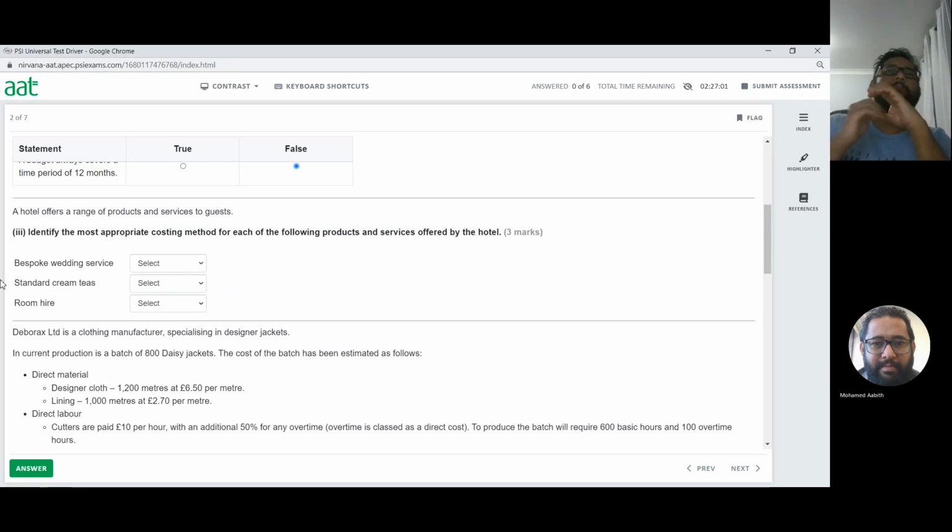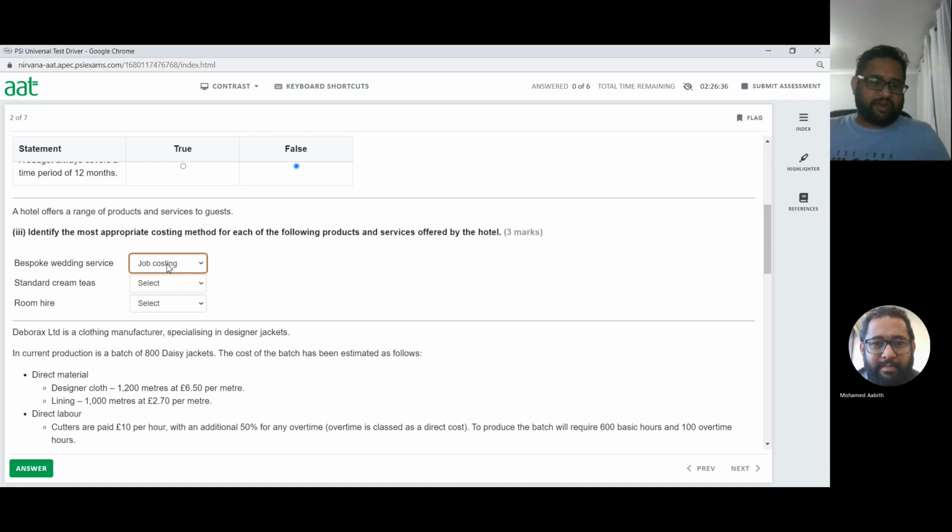So if you look at that here, a bespoke wedding service, straight away, it's going to be special. It's not something they do every time standalone. So this is particularly for that particular customer's needs. Therefore, it has to be one job. It will not be a unit or service costing because it depends on different parts of services they can offer there.